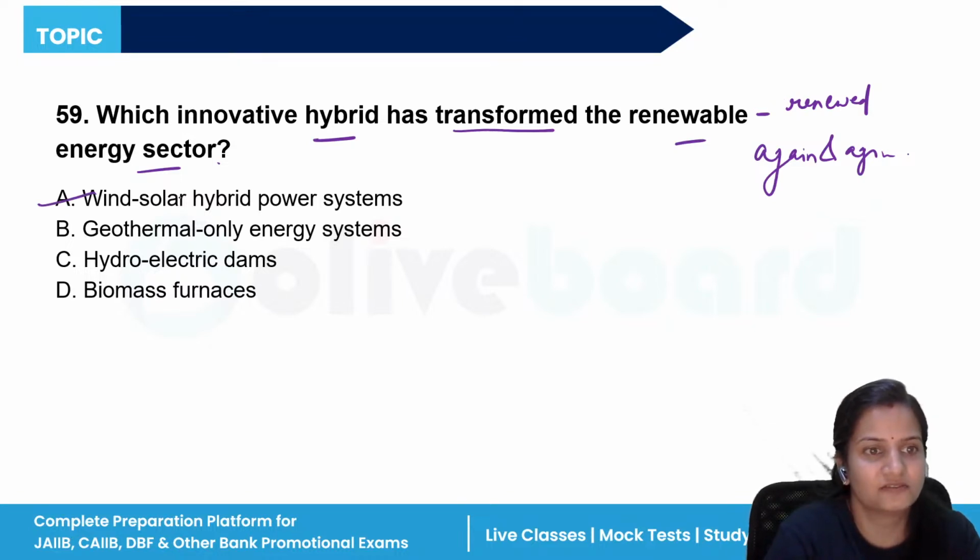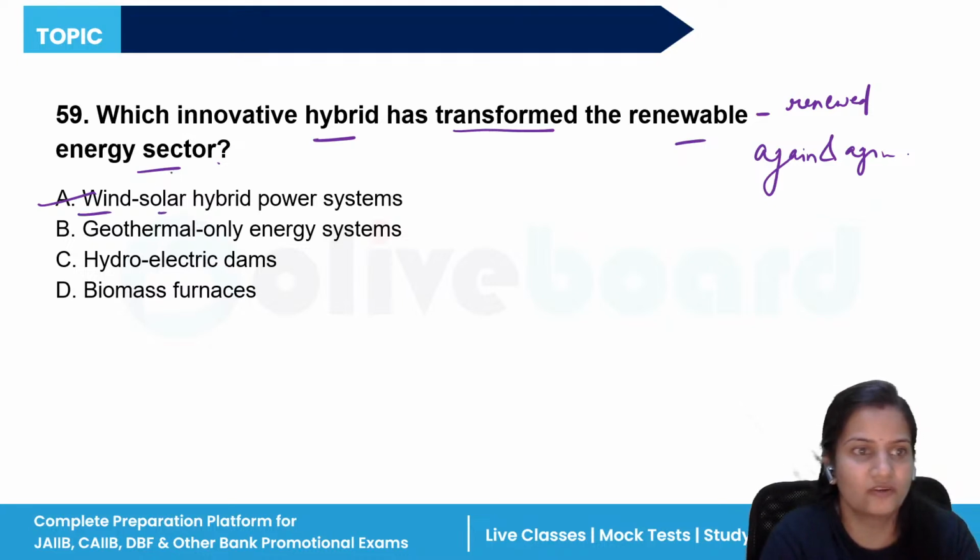Yes, it is wind solar. Wind and solar both are renewable forms of energy, hybrid power system. It is asking geothermal only. The word only is there, it means it is alone. And we have seen that hybrid is a mixture of two elements, a composition of two elements. So wind, solar, hybrid power system.